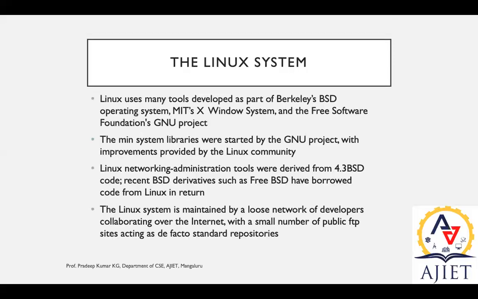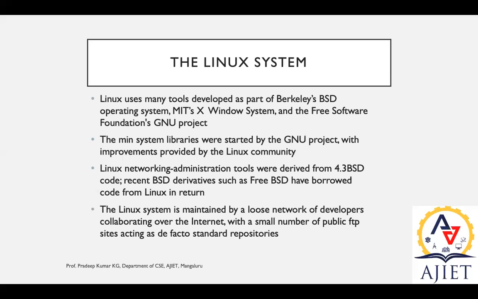Coming to the Linux system, it uses many tools developed by Berkeley's BSD operating system, MIT's X Window system, and the Free Software Foundation's GNU project. So these are the major tools developed as part of the BSD operating system, and there are different operating systems developed based on Linux as well.